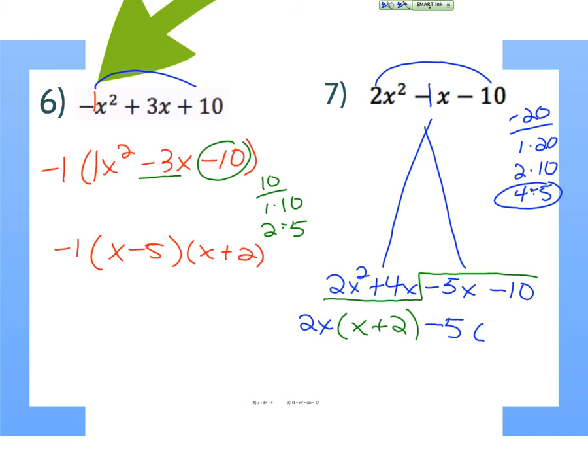Since I take out a negative factor, it swaps these signs. Because negative 5 divided by negative 5 is positive 1x. Negative 10 divided by negative 5 does turn that into a positive 2. So I just wanted to make sure you guys saw that before you got to your assignment. Now, if I would have had it the way I originally had it, I wouldn't worry about it at all, but it will come up. So I've got x plus 2 and 2x minus 5.